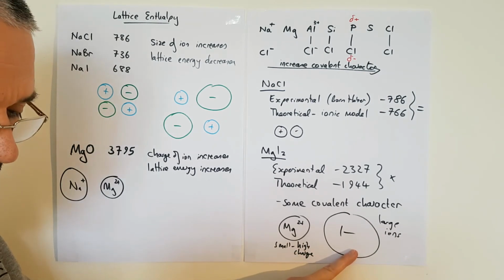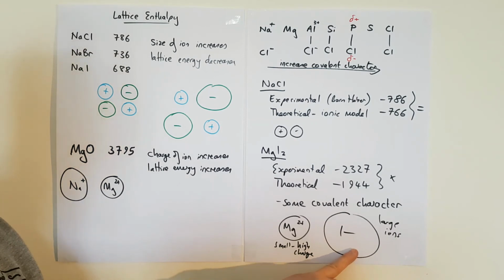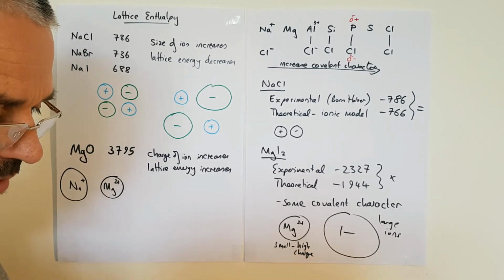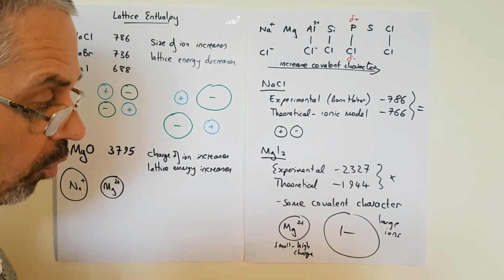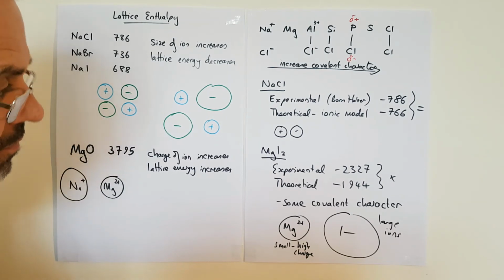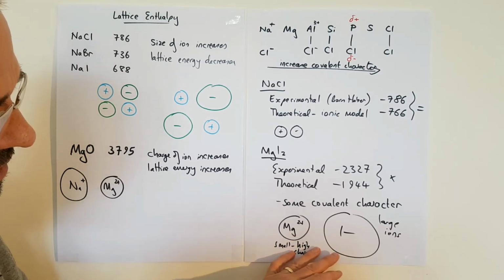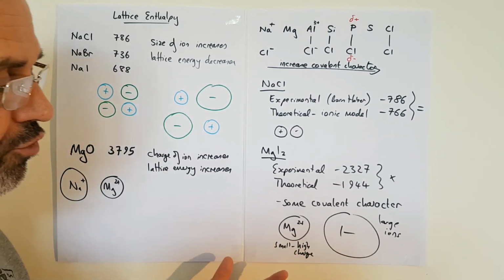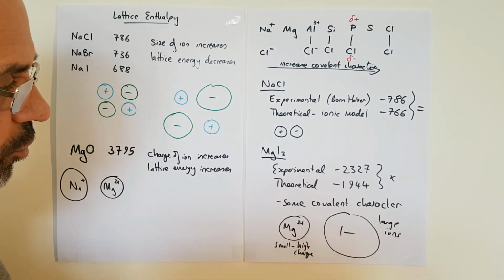The iodide ions are more easily polarized because they're large and floppy and they can flab around a little bit in several directions. They're like a sort of big squashy ball that can be distorted in different directions by small, highly charged ions there. So if we've got large ions next to small ions, we'd expect an appreciable amount of covalent character because the ions are distorted.